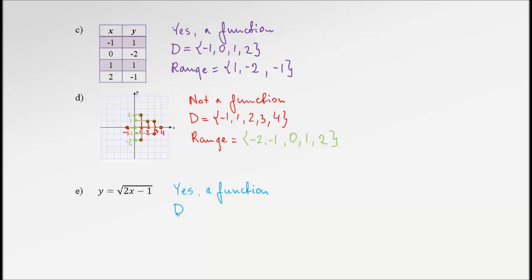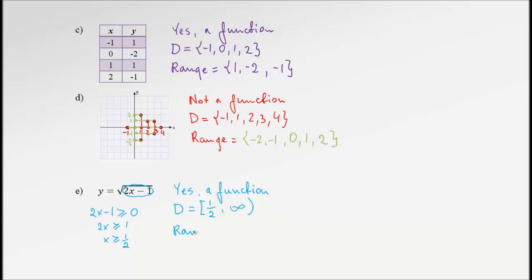Now, to get the domain of this function, what we need to do is look at the radicand and make it bigger or equal to 0 and solve this inequality. So we're looking when 2x minus 1 is bigger or equal to 0. Let's solve it. 2x bigger or equal to 1, therefore x must be bigger or equal to 1/2. Therefore our domain starts from 1/2, and any number that is higher than that would be good.